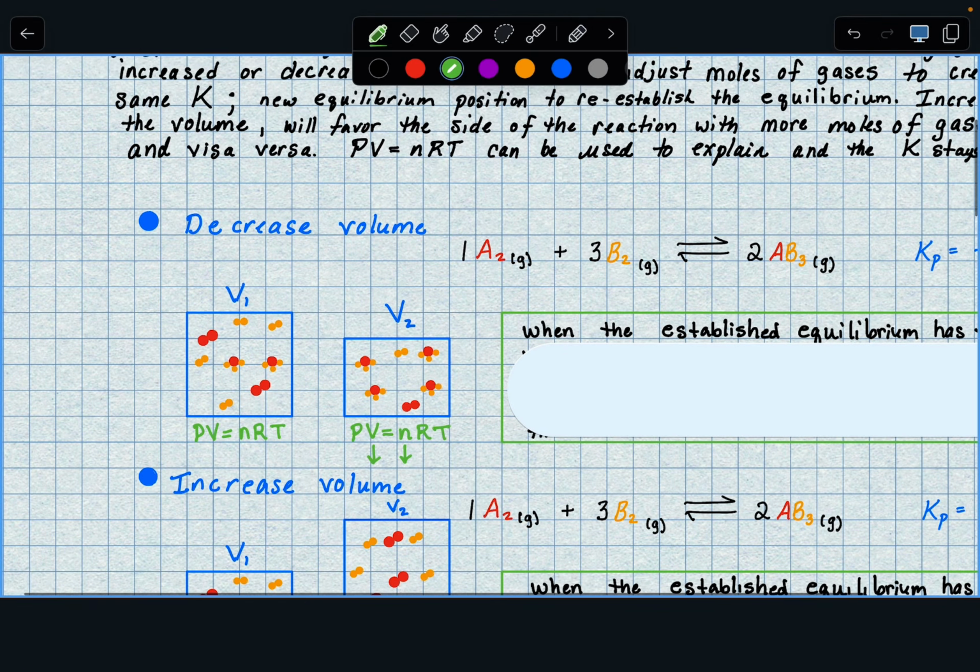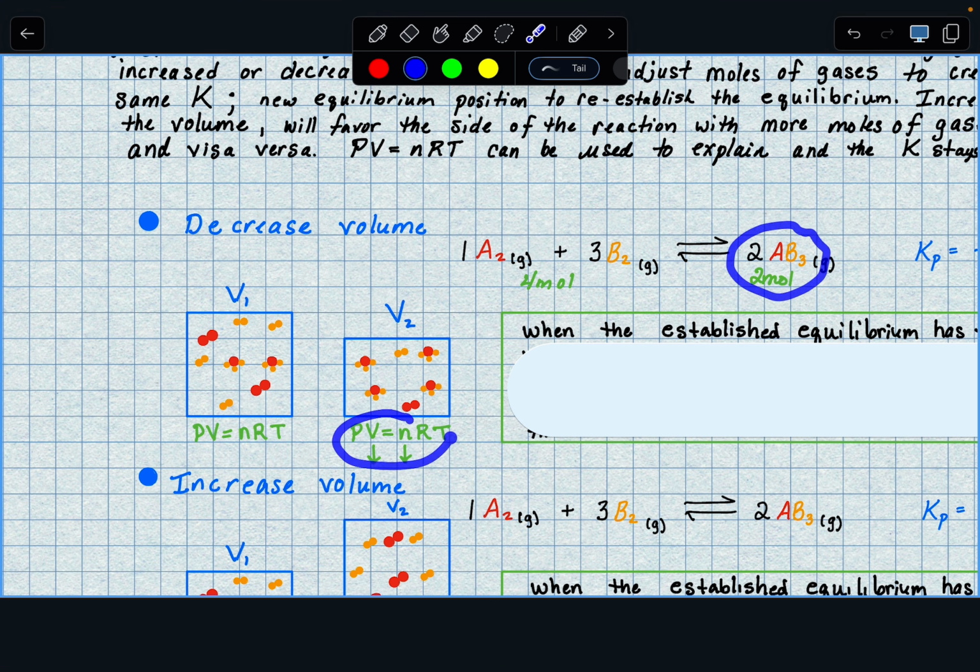If you look at our reaction, we have 4 moles on this side, because we have 1 and 3. Add that up, that's 4. And they're all gases, and then we only have 2 moles on this side. So the equilibrium will force the particles to create a fewer number of moles of gases to adjust for that change that occurred in the reaction.